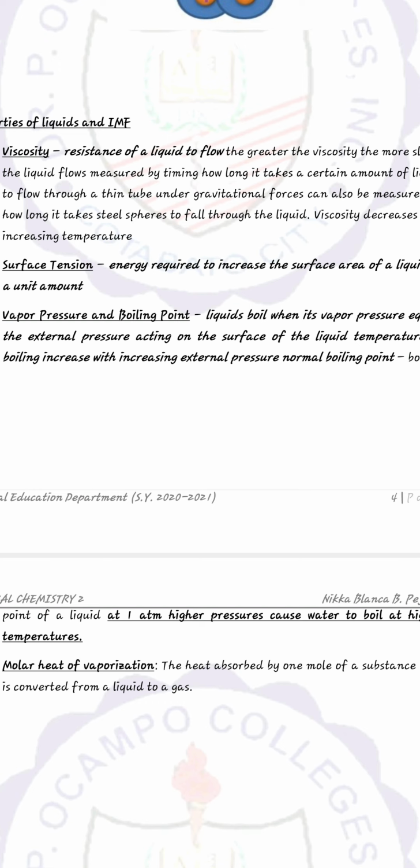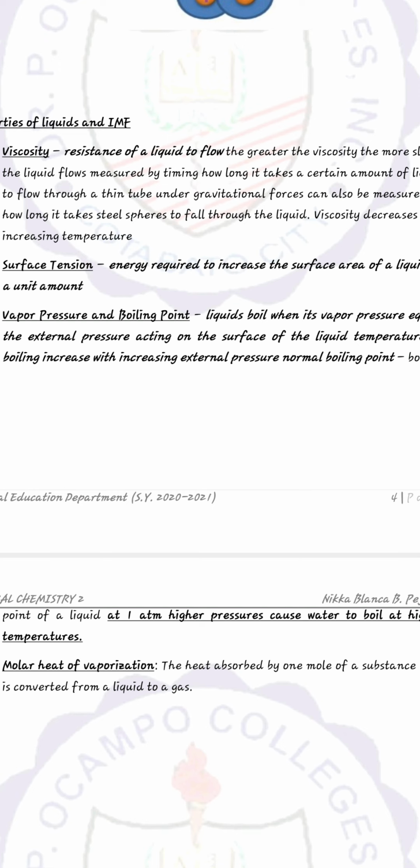Meaning to say, liquid has a power to flow, right? Solid has no power to flow. Its flow would only be involved if the solid will melt. And if the solid melts, it will not be a solid anymore, and it will change into liquid.